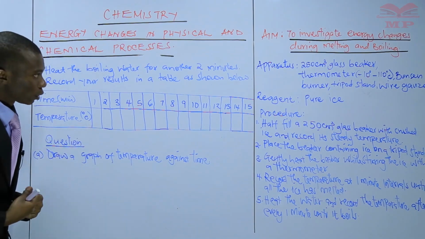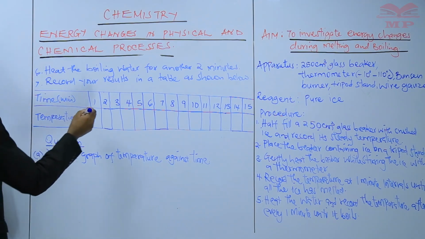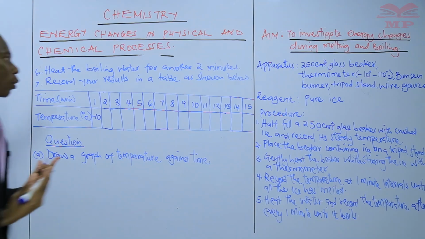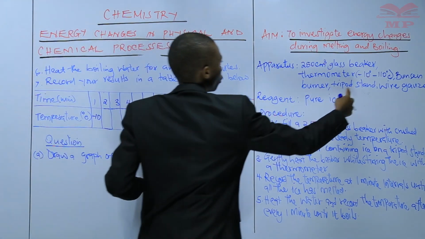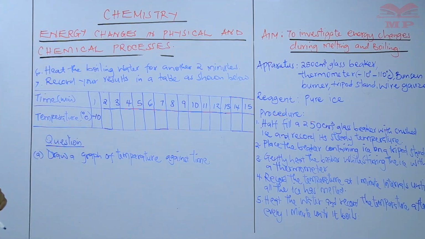So suppose in our first minute, we got the temperature of this ice as -10. So -10 again, because our thermometer has a range of -10 to 110 degrees Celsius.